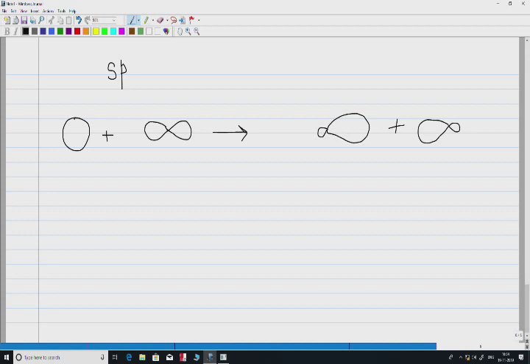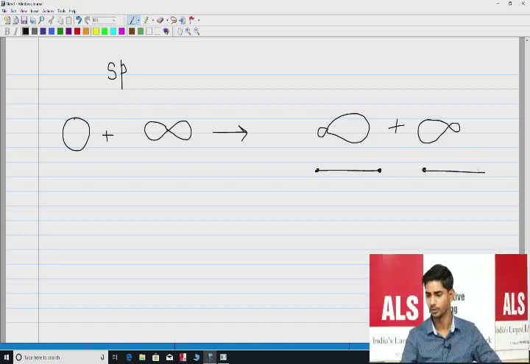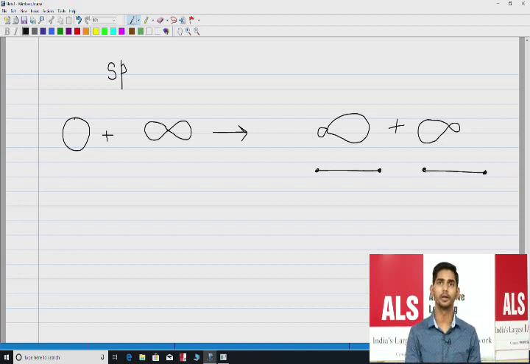Let's suppose these are not hybrid orbitals. Consider them, this is a line and this is also a line. What maximum bond angle can these 2 lines have? Absolutely right. Okay, very good.